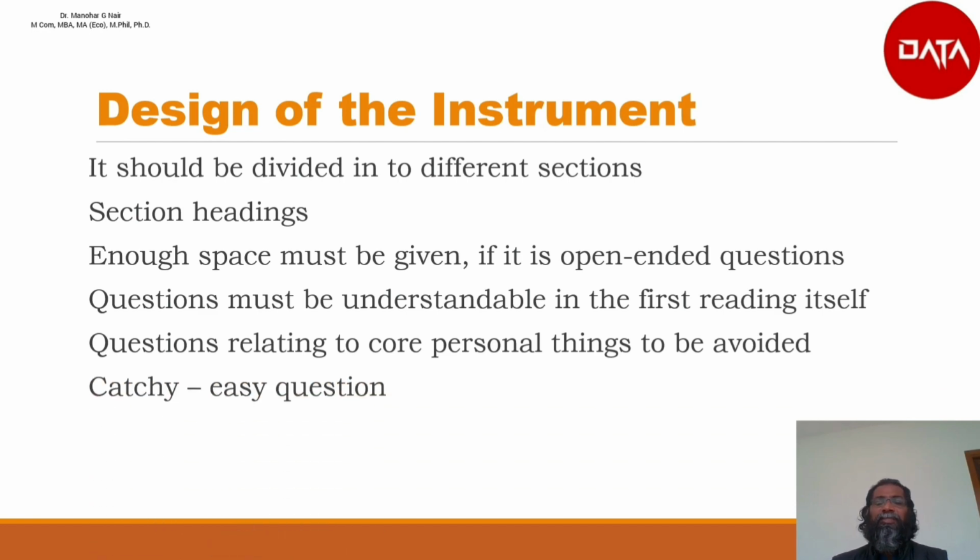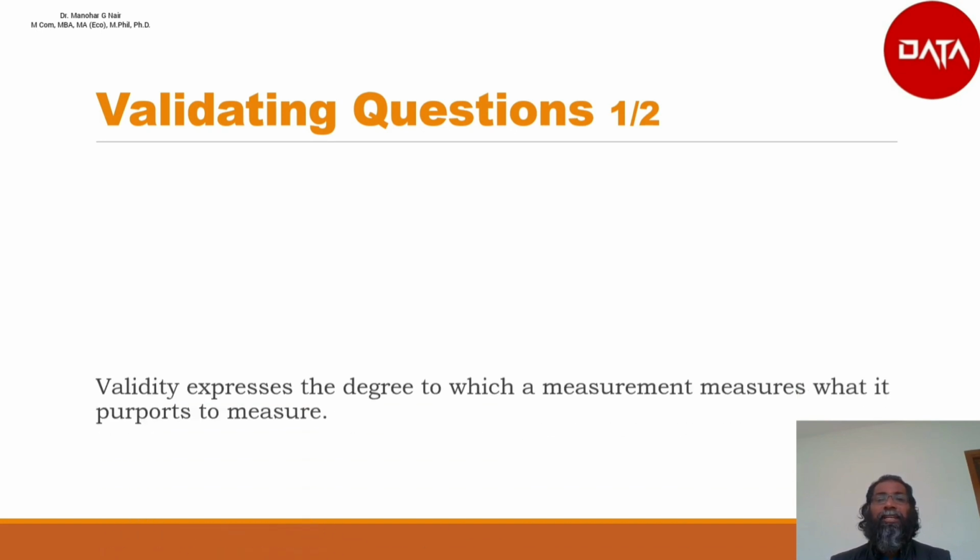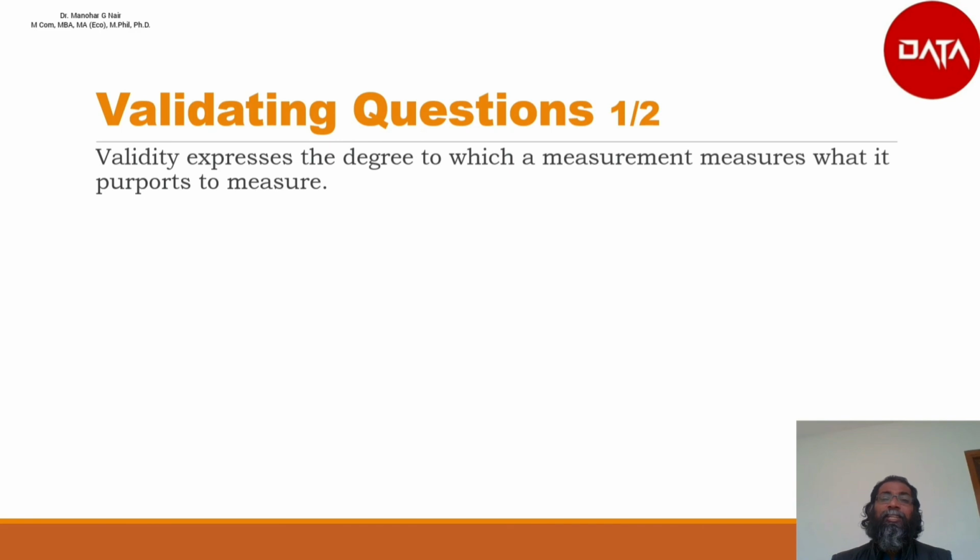Similarly, questions asked in the schedule as well as the questionnaire should be catchy or easy questions, and the sequence of the questions should flow very easily, and we have to go for the validation of the questions. It is to express the degree to which the measurement measures what it purports to measure.